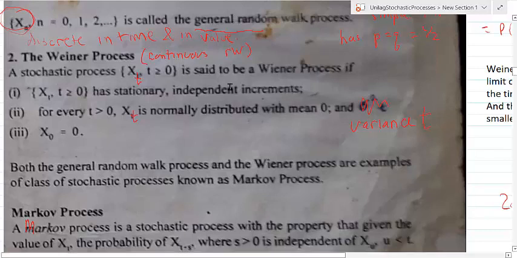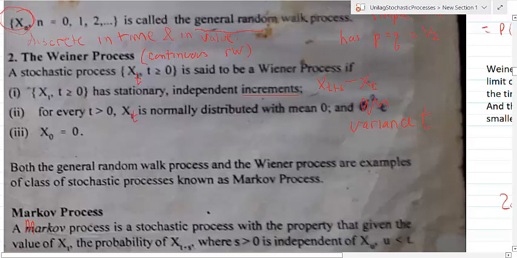Now it's true that x3 might depend on x2, because if x2 is 1, then x3 would either be 0 or 2. On the other hand, if x2 is negative 1, then x3 would either be 0 or negative 2. So the x's are not independent. What's independent are the increments. The increments are given by, for instance, x_{t+s} minus x_t.